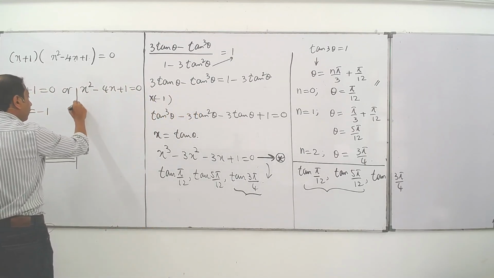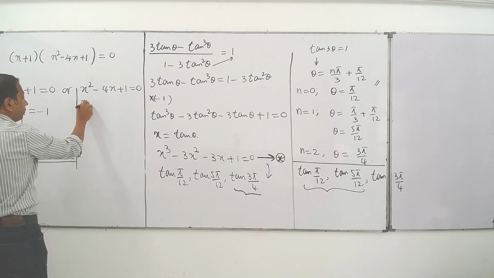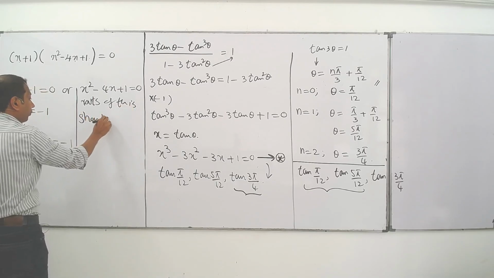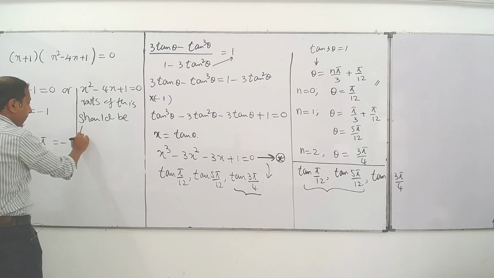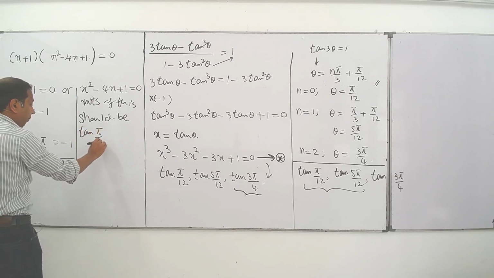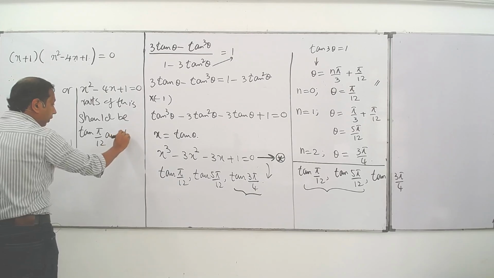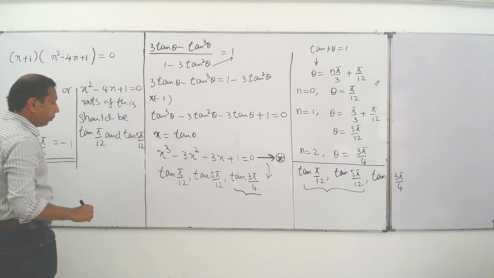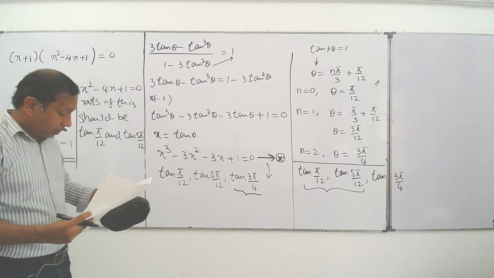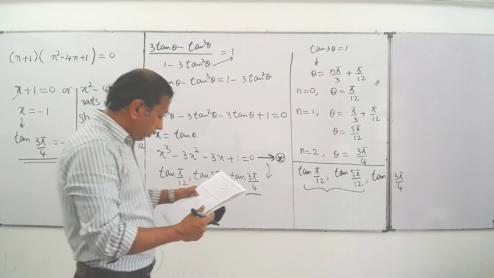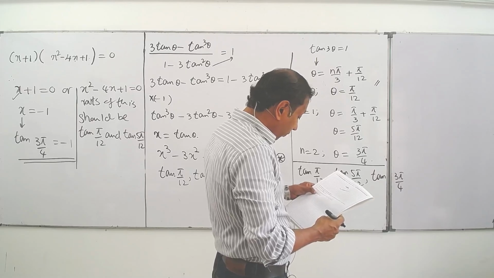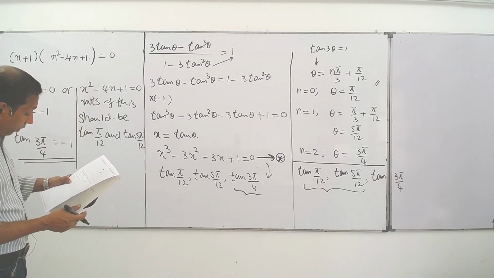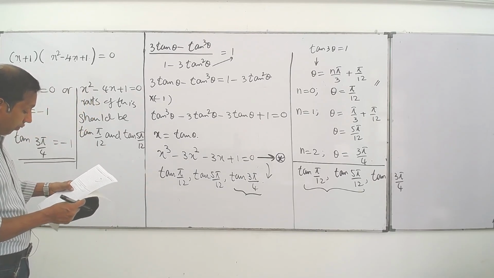Therefore, we can write the roots of this should be tan pi by 12 and tan 5 pi by 12. Correct, no? Then what is asking? Show that the roots of this equation are tan pi by 12 and this. That's correct.